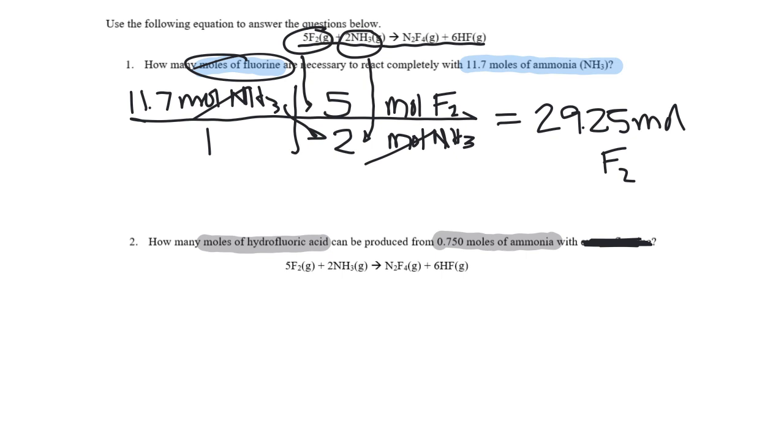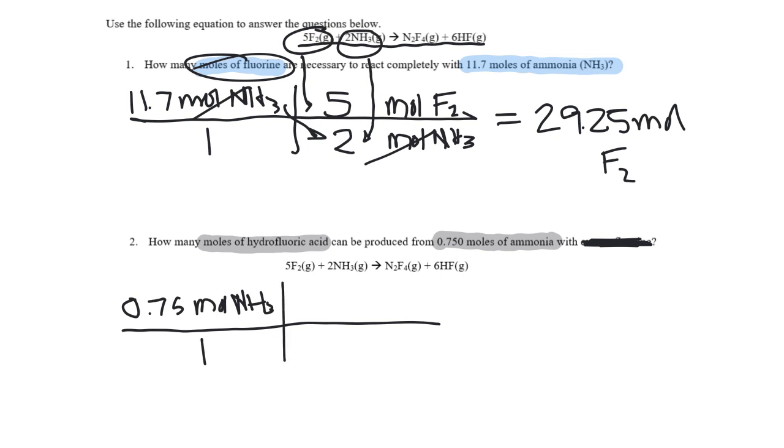So now I'm ready to start setting up my train tracks. I start with the number and the unit and the substance. So I have 0.75 moles of NH3, put it over 1, draw my line, and remember the first thing you do is bring moles of NH3 down. That's where I'm starting. Now where am I going? I'm going to moles of HF.